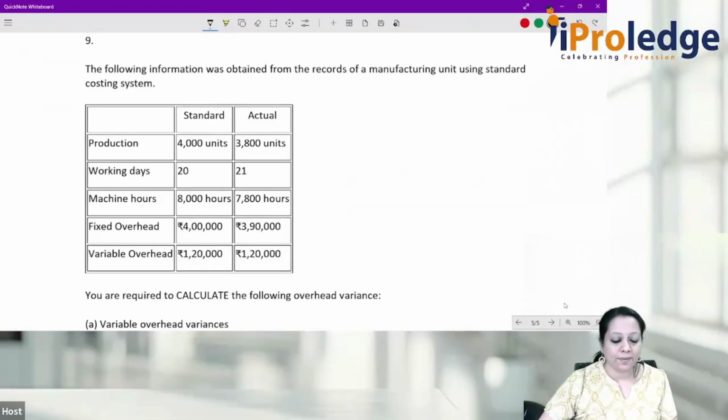Yes. So now we will proceed with the next step. See, variable overhead variance is the easiest of all. I think most of you know it also, correct? Yes.